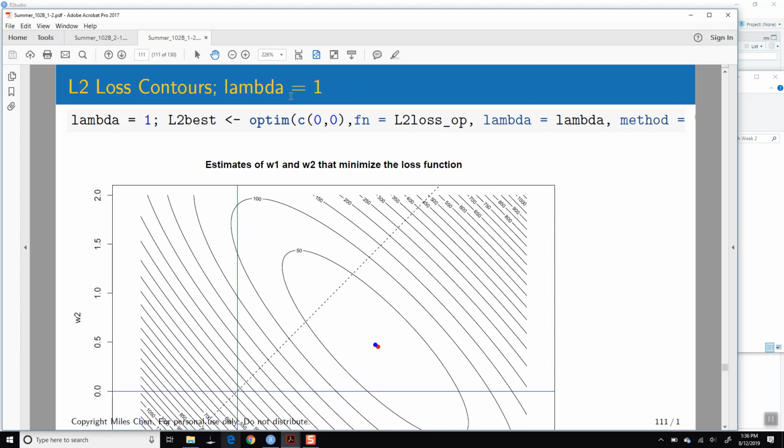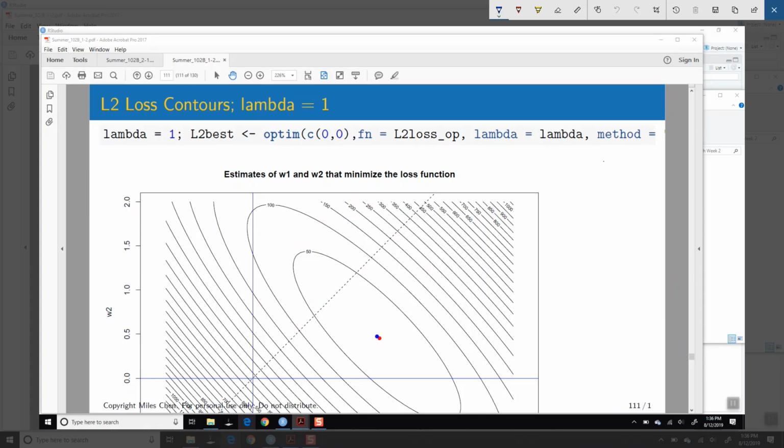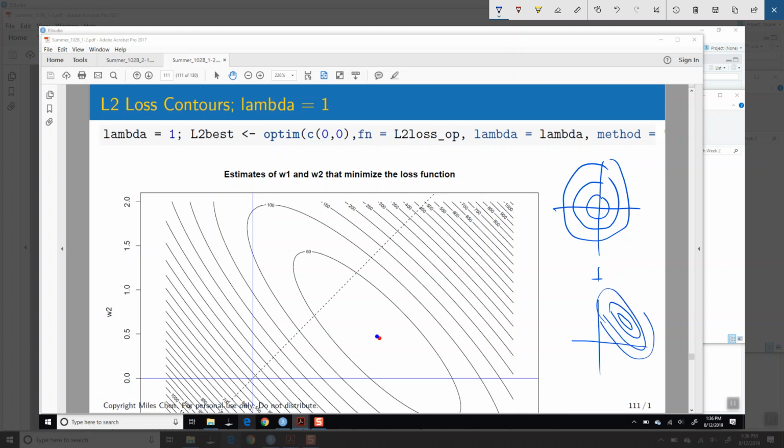On the previous slide, when we were talking about the L1 norm, the contours for the L1 penalty were these diamond shapes. For the L2, the penalties look like concentric circles. And we're adding in the ellipsoids, which are going to be centered somewhere around here.